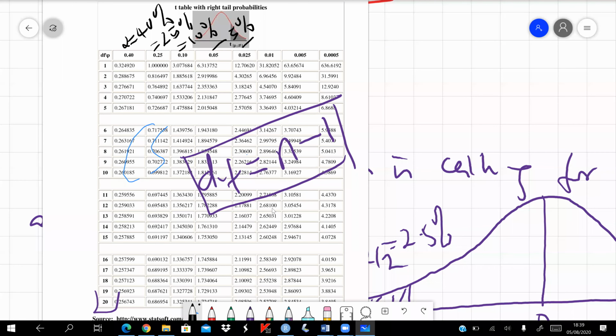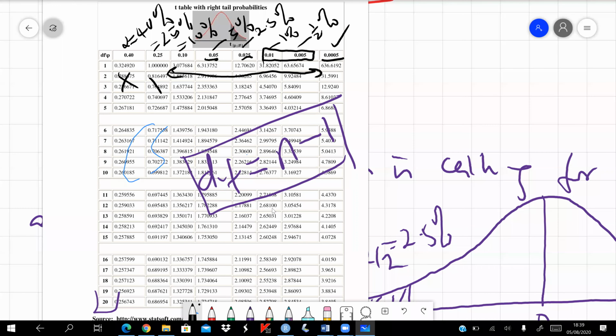This is 2.5%, which we also use, especially for a two-tailed test at 5%. This is 1%, and this is 0.5%, which is used alongside it for a two-tailed test. The last one is a very small level of alpha. From here up to here, those values are widely used. These ones are rare, and these ones are never used.